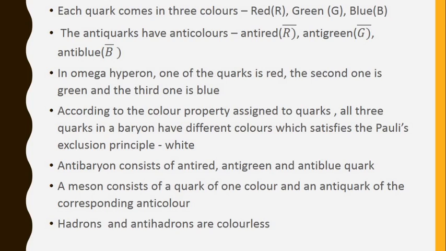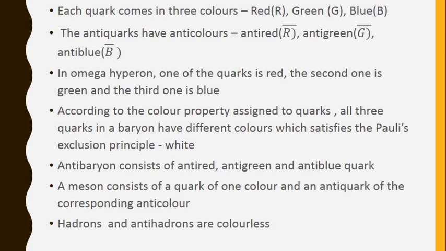So according to the color property assigned to quarks, all the three quarks in a baryon have different colors, which satisfies Pauli's exclusion principle. So we initially started with the question of how three s quarks can exist in the same state. We gave a property called color, and this color is different for the three s quarks, so that they can stay in the same state without violating Pauli's exclusion principle.